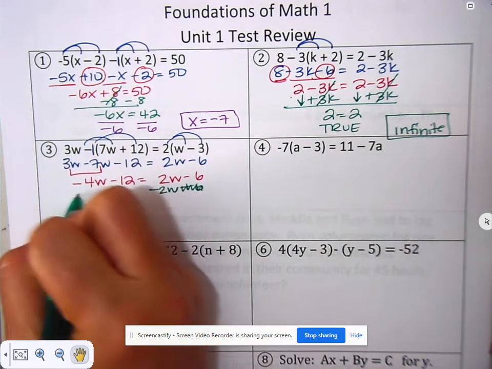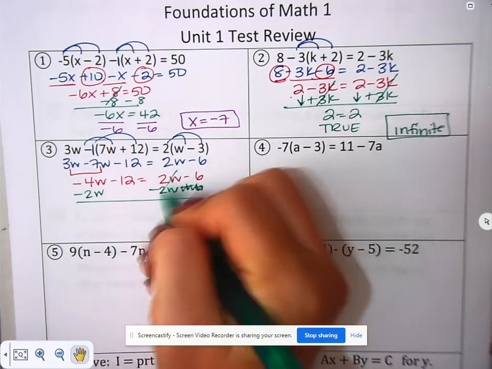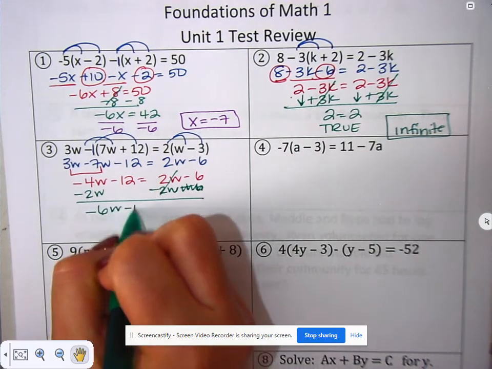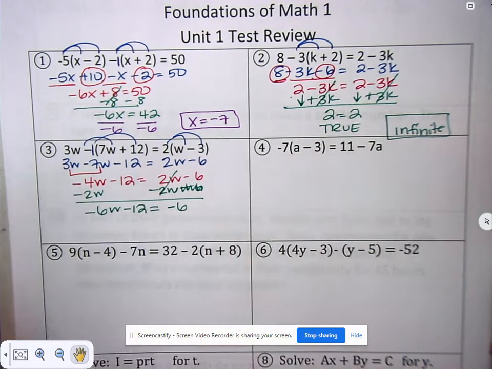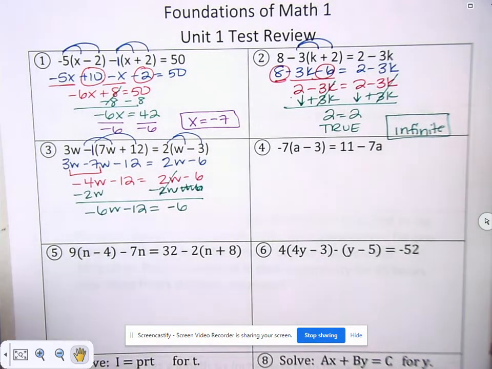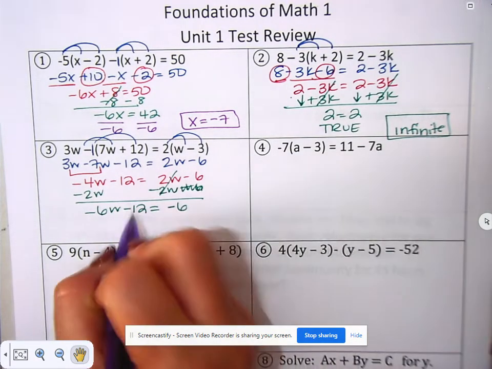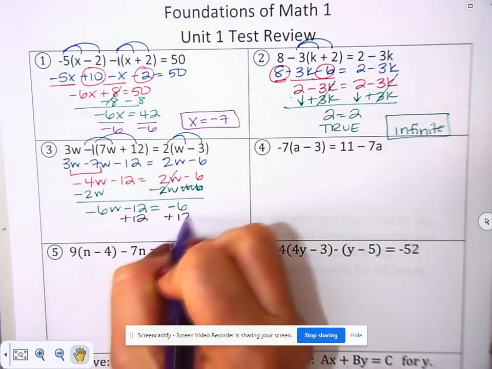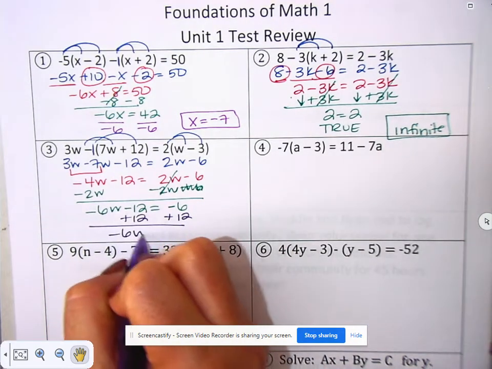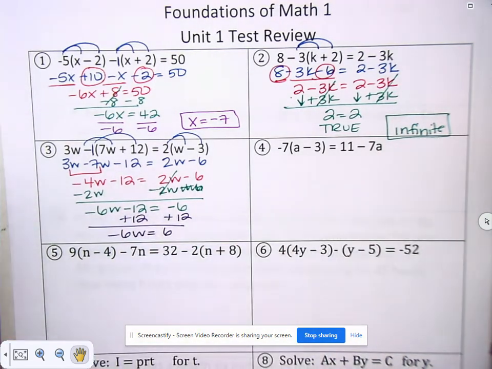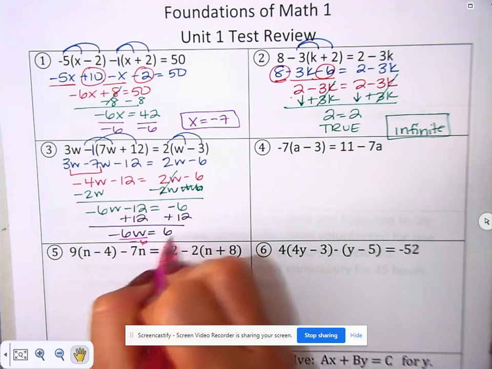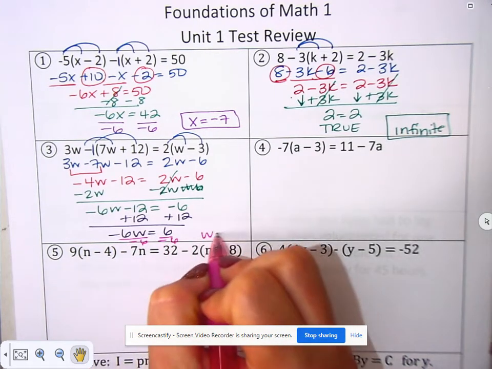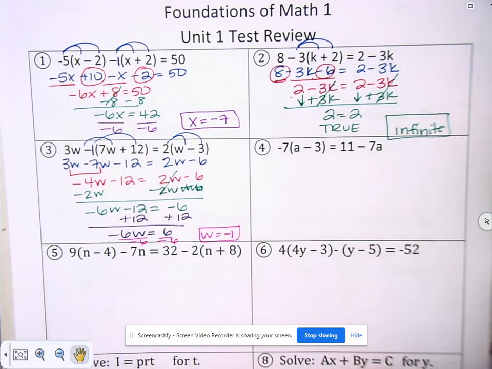Ignore that. Sorry. So I'm going to move my letters to the left. So that gives me negative 6w minus 12 equals negative 6. We're going to add 12. So negative 6w is going to equal positive 6. And our last step will be to divide by negative 6. And w should equal negative 1.